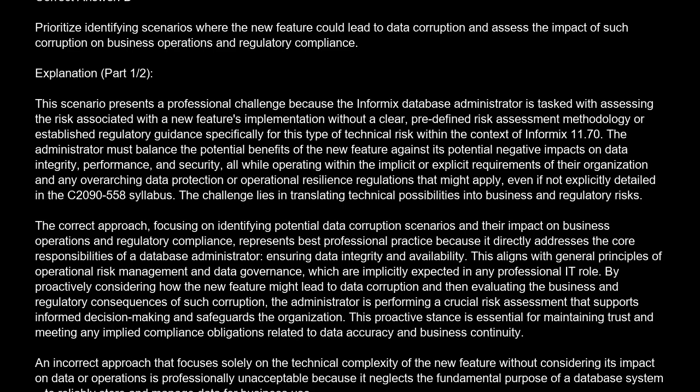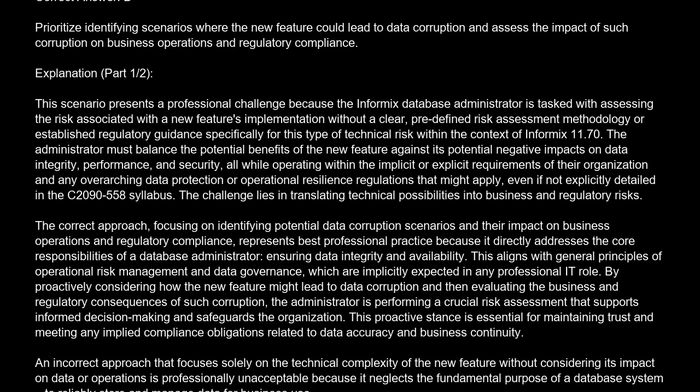The correct approach, focusing on identifying potential data corruption scenarios and their impact on business operations and regulatory compliance, represents best professional practice because it directly addresses the core responsibilities of a database administrator, ensuring data integrity and availability. This aligns with general principles of operational risk management and data governance, which are implicitly expected in any professional IT role.